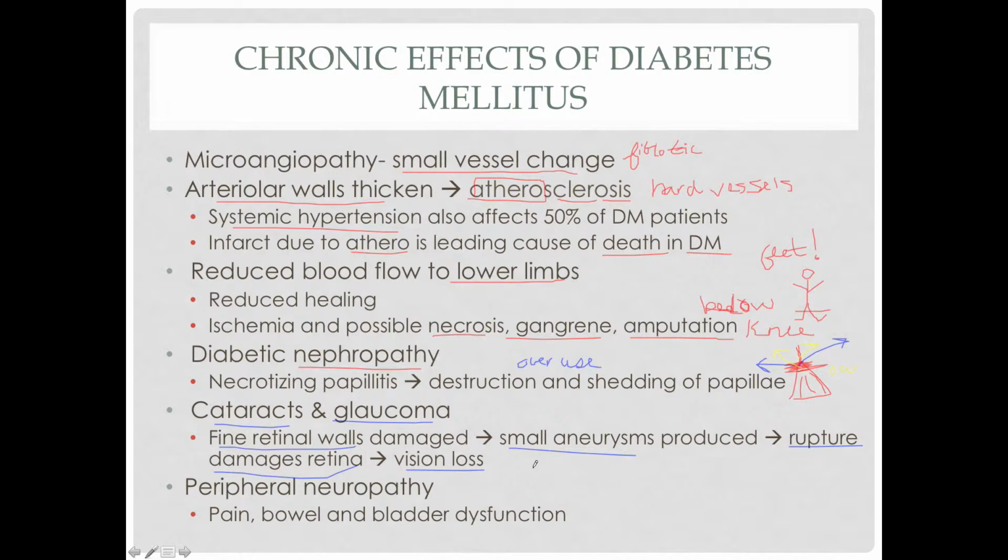So that's something that's very dangerous. Cataracts are common in older age, and they're more common with diabetes. Certain medications actually exacerbate them. And then definitely peripheral neuropathy. So pain, so that can be anywhere on the spectrum from numbness to the pins and needles, ischemia type of pains. And then eventually bowel and bladder dysfunction because of lack of nerve conductance.